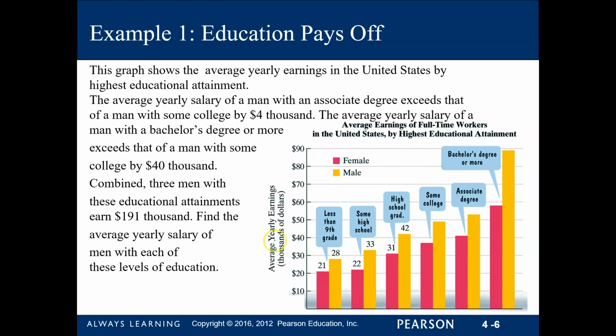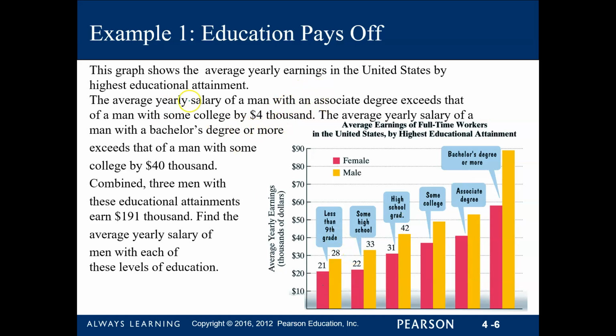This is yearly earnings for those who finished less than ninth grade, who pretty much dropped after middle school, and then some high school. These are the average earnings for high school graduates, those who had some college experience, who finished associate, and then those who did bachelor's or more, okay?